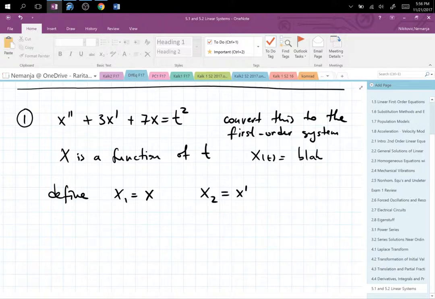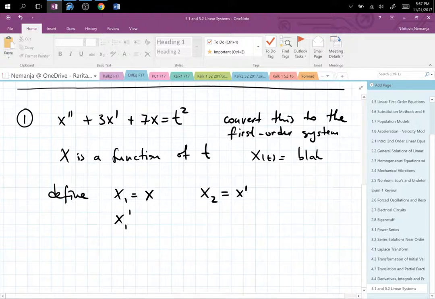So how does this help? Well, we're going to plug the stuff in, but first I need to differentiate these two puppies.